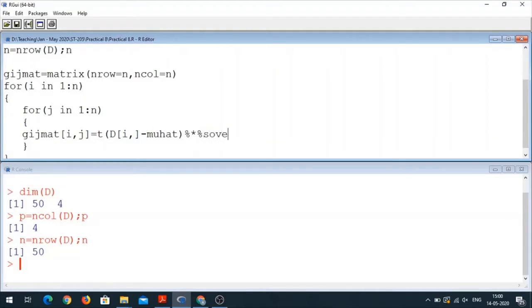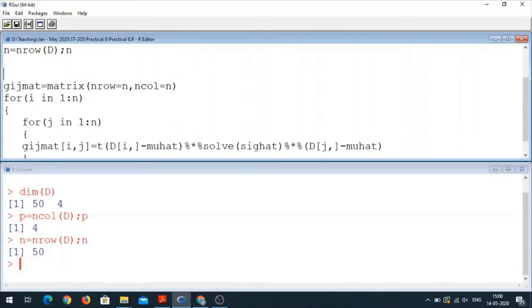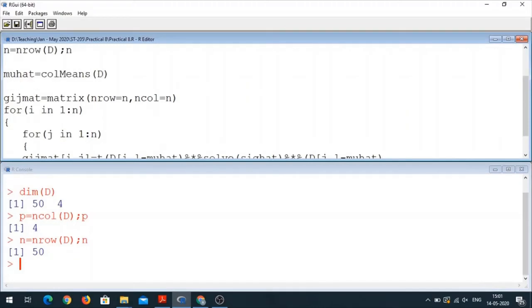So solve of sig hat, percent star percent, I would do dj minus mu hat. So I need to first compute mu hat and sigma hat. Mu hat is colMeans of d, sigma hat is cov of d.